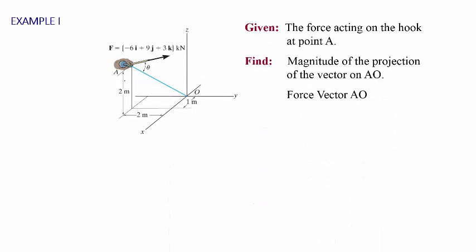with an example. So let's say that I have this problem, and I have here my force vector because I already have the magnitude and the direction. And now what I want to know is, what is the force or the magnitude of the projection of the vector along this line that goes from A to O. And this is a very important concept whenever we have to choose the type of material, or we want to see the forces that are exerted.